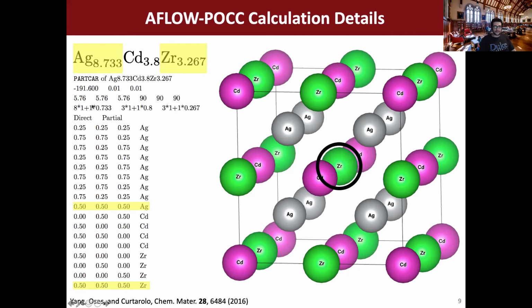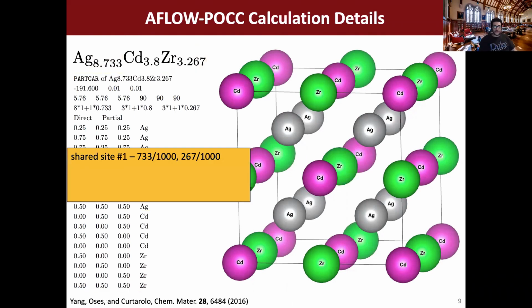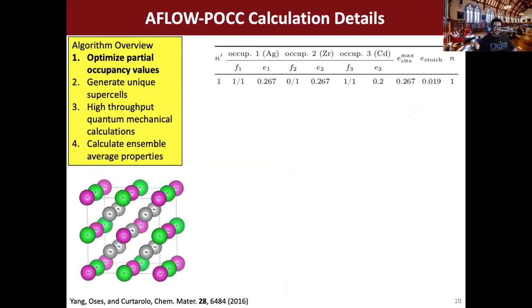This site's going to have, as you can see here, 0.733 occupied with silver, and it's going to have a 0.267 concentration of zirconium. Okay, so those are the concentration ratios. And this slide just focuses on the site error. I'm not looking at the stoichiometry error, which is another parameter. We can look at that in the output of the AFLOW-Online.